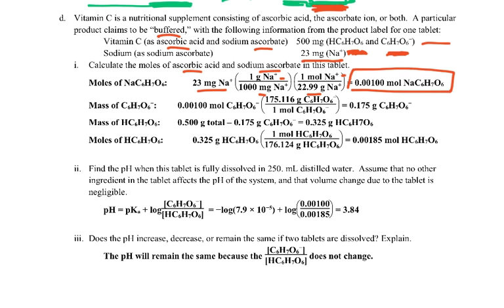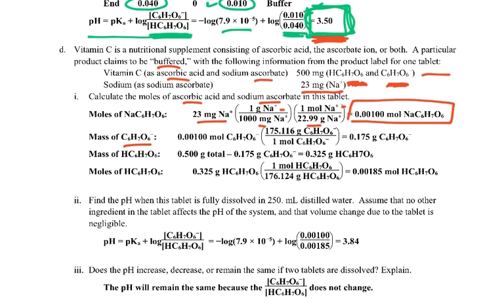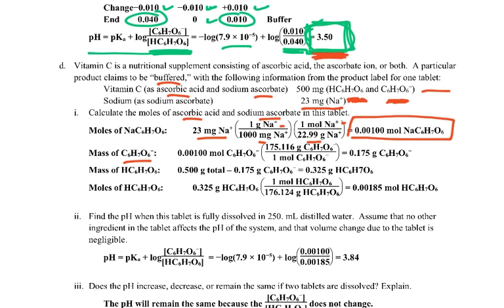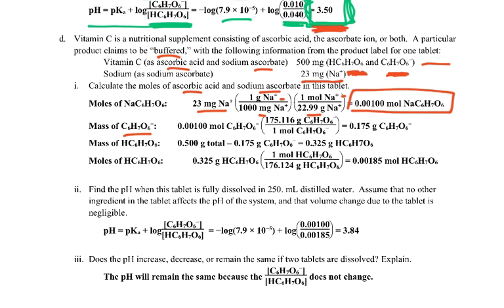Next, we're going to take the mass of the ascorbate, because back here on the label, when they say that the vitamin C is ascorbic acid and ascorbate, they're really only talking about the ascorbate, not the sodium ascorbate, just the ascorbate. So that 0.001 moles, we're going to count that as ascorbate, and then if we add up C6H7O6, we get 175.116, and so we can find out how many grams of the ascorbate ion there is.